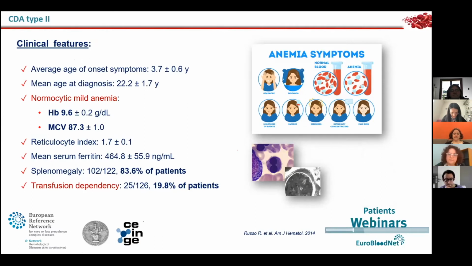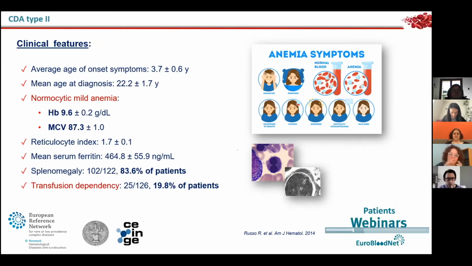In this case, the onset of the disease is not properly neonatal, because on average the age of onset of symptoms is approximately 4 years. But as already stated by Noemi, in this case we may have a delayed diagnosis.